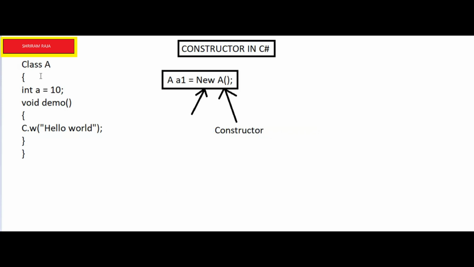So you are creating an object for this class, but basically this A1 is used to declare the value for accessing data present inside this class. Using this A1, you can access everything present inside this class. And this new keyword is used for creating the object, and this A is used for calling the constructor.